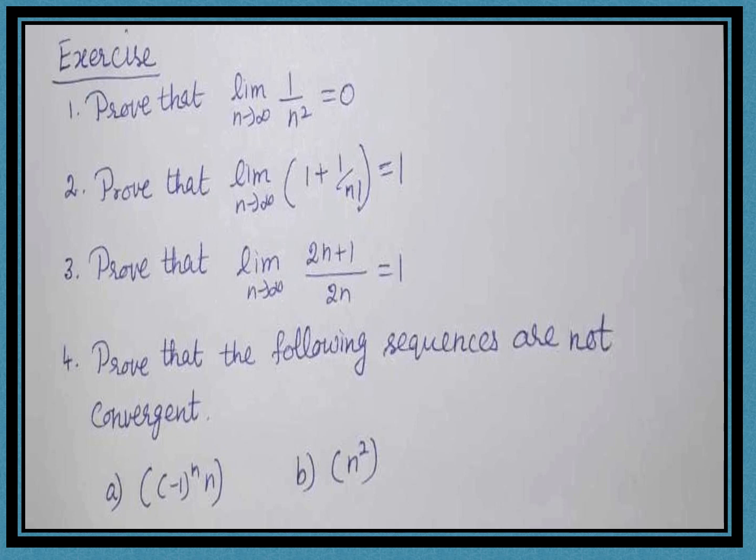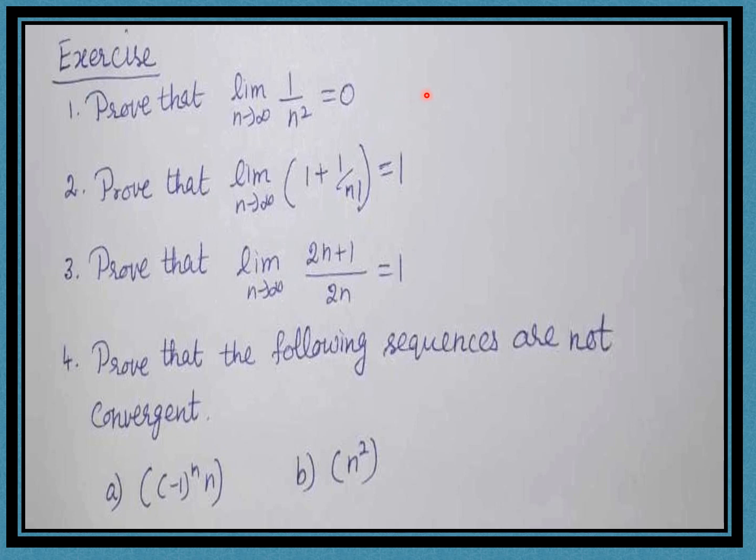Here is the exercise for you. The first problem is to prove that the limit as n tends to infinity of 1/n^2 equals 0. Here a_n is 1/n^2 and L is 0. Therefore, let epsilon greater than 0 be given should be taken. Then you will take the absolute value of 1/n^2 minus 0, which is equal to 1/n^2.